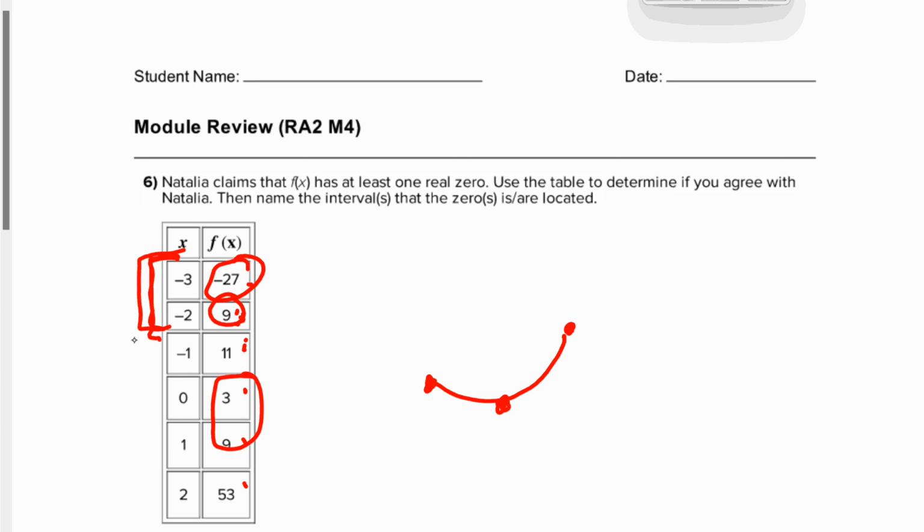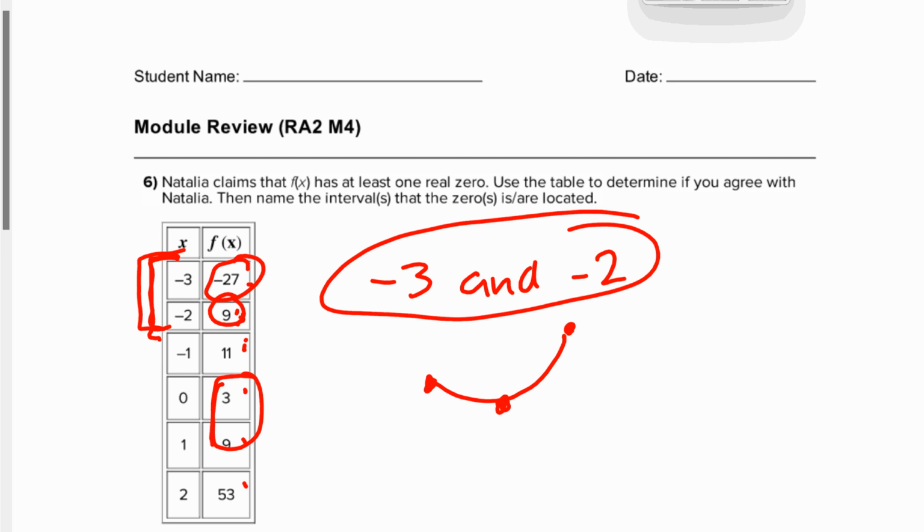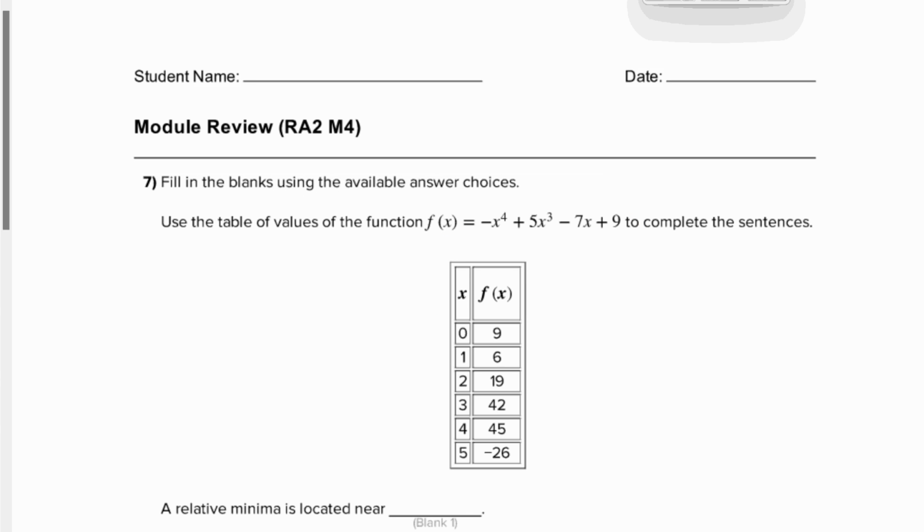But we know definitely there's at least one, because we went from negative to positive. So there's at least one somewhere between -3 and -2. We know that for sure. There might be more, maybe right here or even right here, but we know we at least have one. Okay, so we agree with her. All right, let's look at this next one.